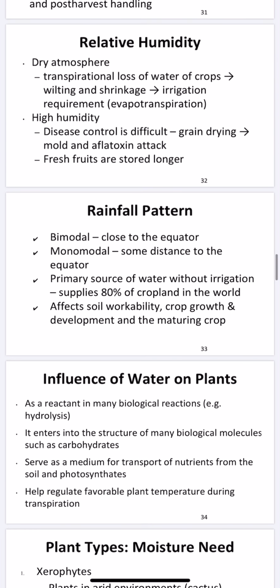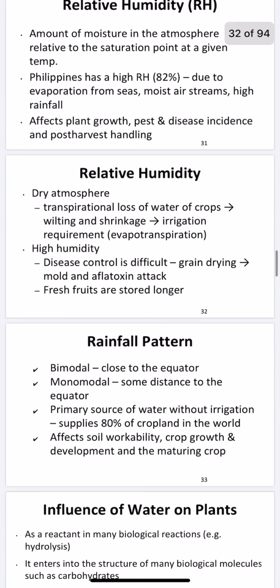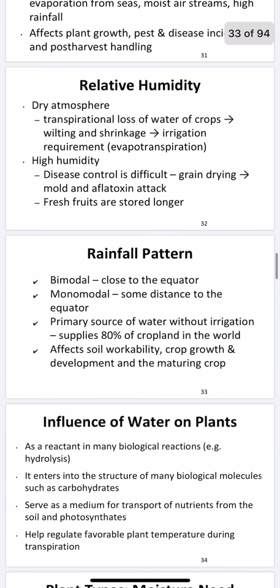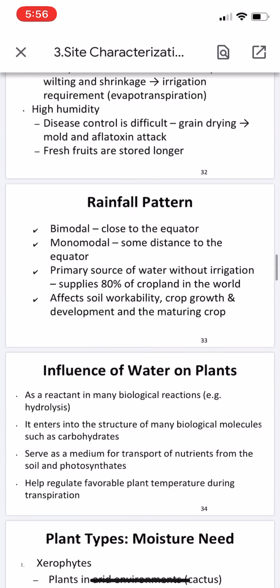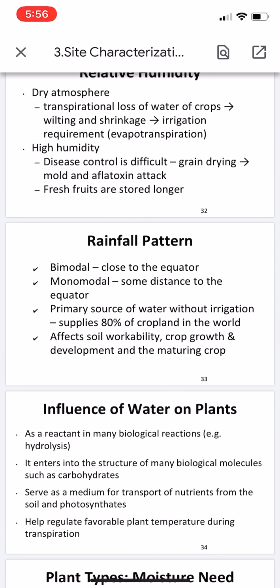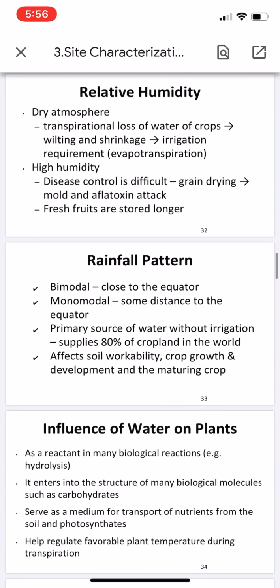Another factor is relative humidity, for the dry atmosphere. For a dry atmosphere, the transpirational loss of water of grass will result in wilting and shrinkage. And this will also cause an irrigation requirement for plants because of evapotranspiration.